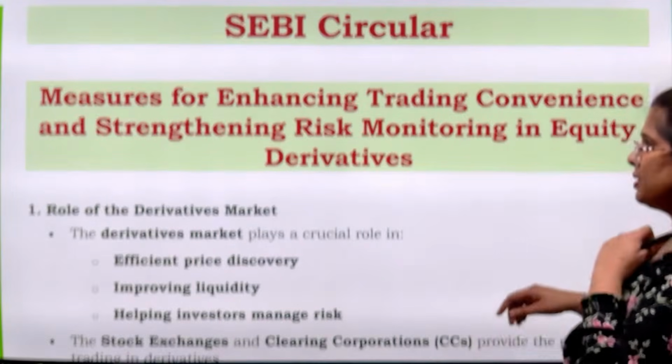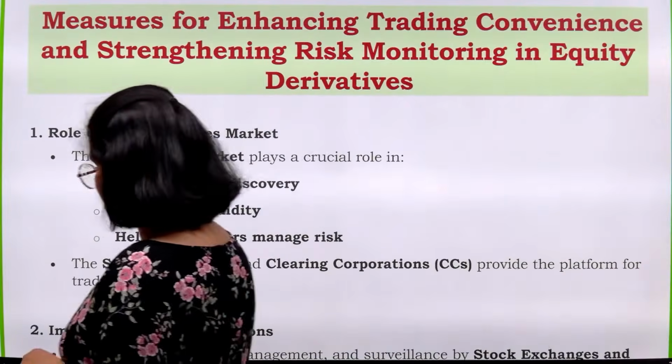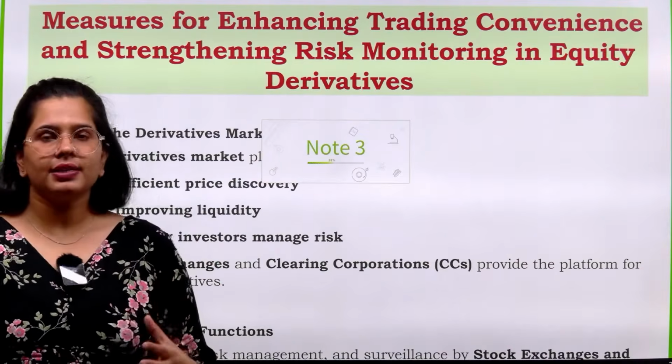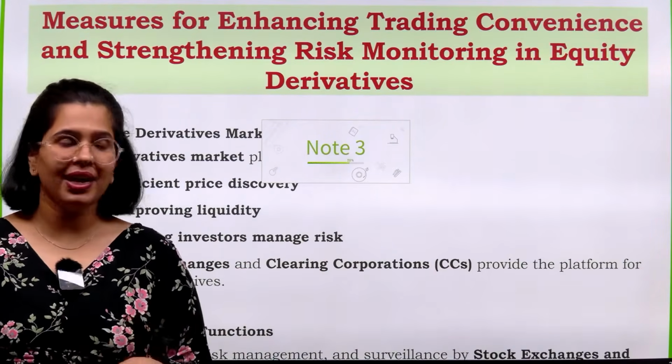So number one is, what is the role of derivative market? See, we understand derivatives means what? ठीक है, derivatives का मतलब क्या होता है? That it is a financial contract, the value of which depends upon an underlying asset. Suppose I have taken a futures contract on Reliance shares, right?